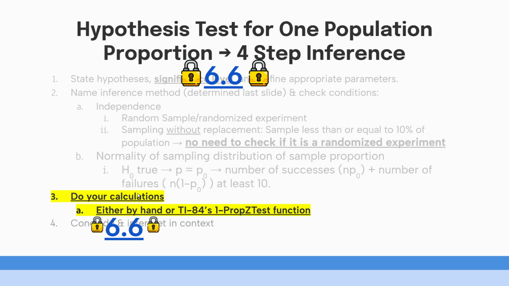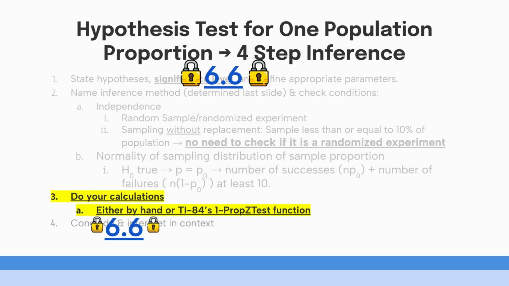You can do those by hand or with the TI-84's 1-PropZTest function. To get to the 1-PropZTest function, you simply do second. No, actually, you don't do second. You do stat, tests, and then you go down to 1-PropZTest. Then you input your null hypothesis, your x, which is how many of the people in your sample have the specific characteristic you're estimating, and n, which is the sample size.